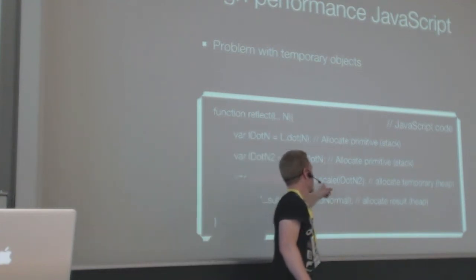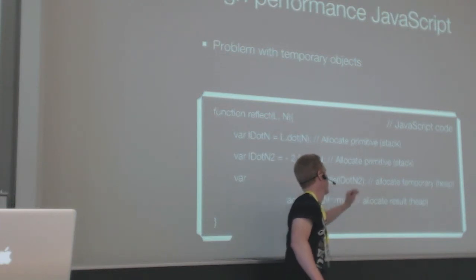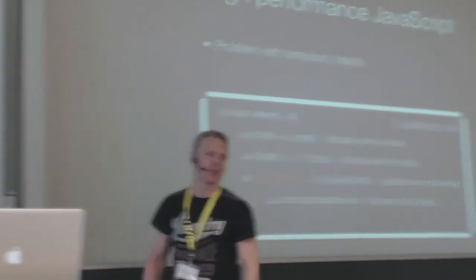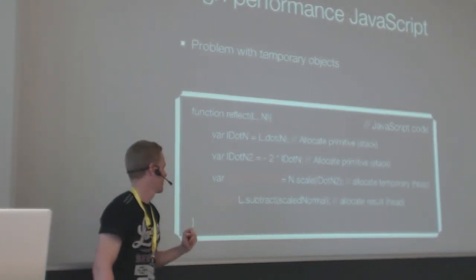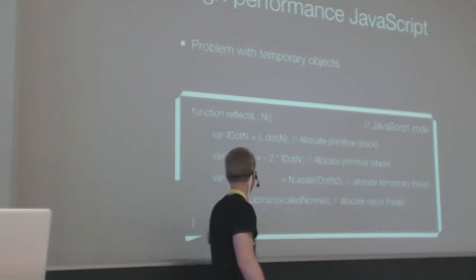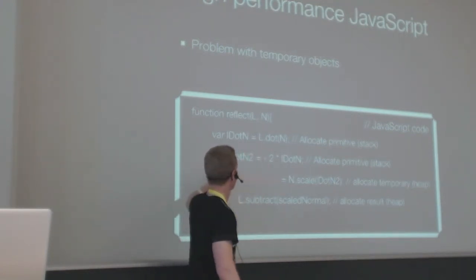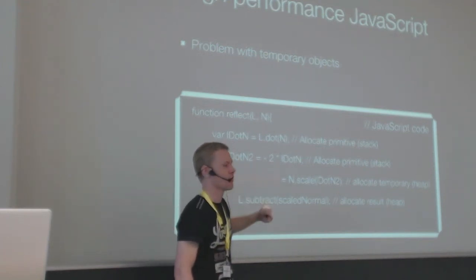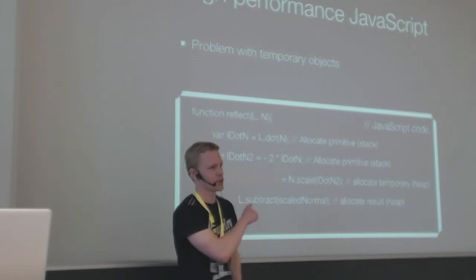Next, we have a vector that we scale with a constant, a number. That creates a new vector. And the final thing is that we subtract one vector from the other, which also creates a new vector. This means that for this simple JavaScript function, we create 2 new objects. This was not the case in C++.